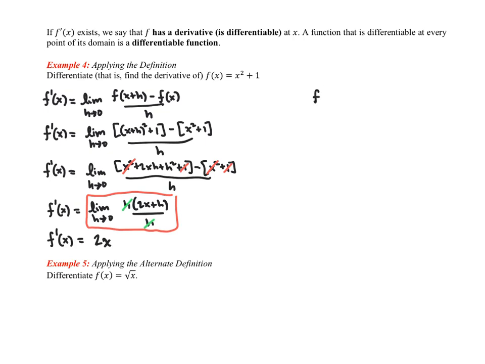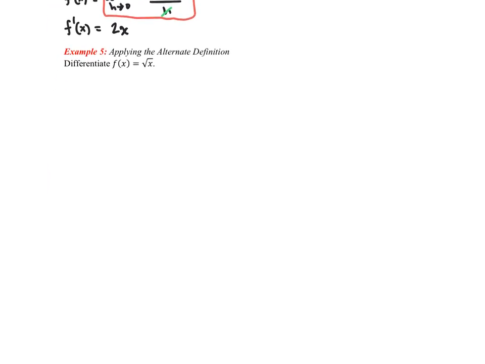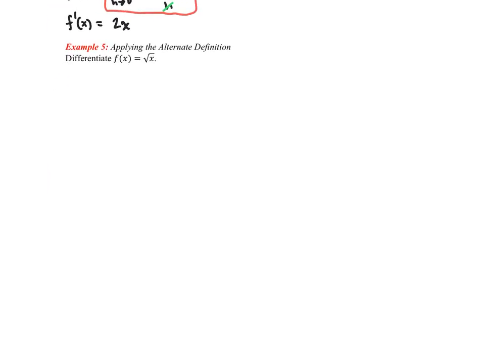So the derivative function, if f of x is equal to x squared plus 1, the slope anywhere on the curve is equivalent to 2x. It's awesome. Regardless of what x is, I can input it there and find the slope at that very given point.